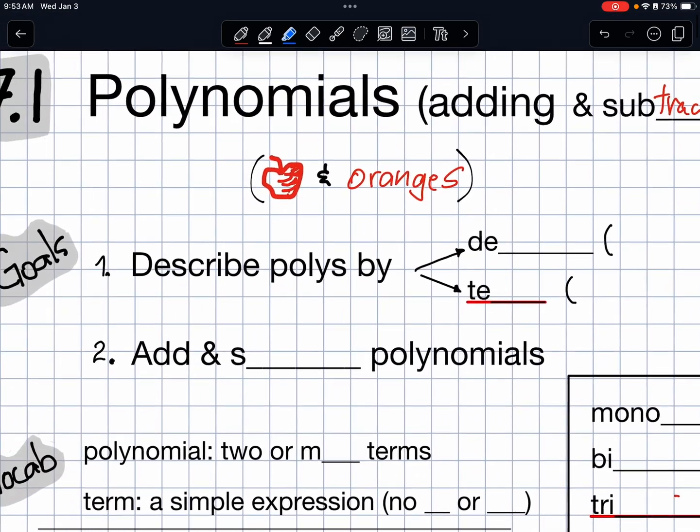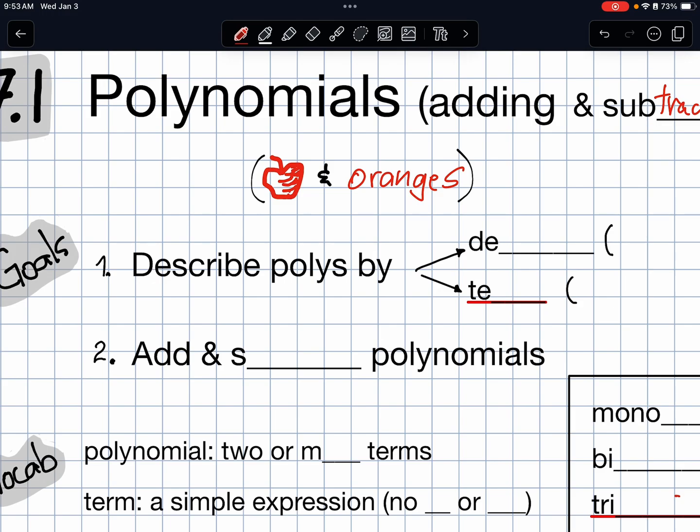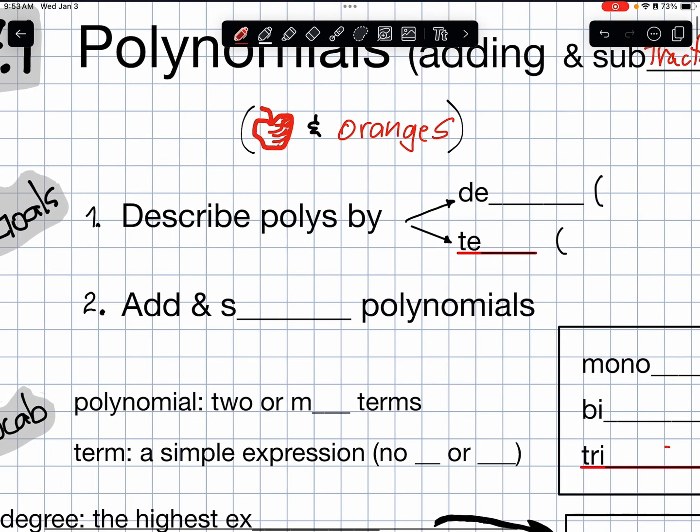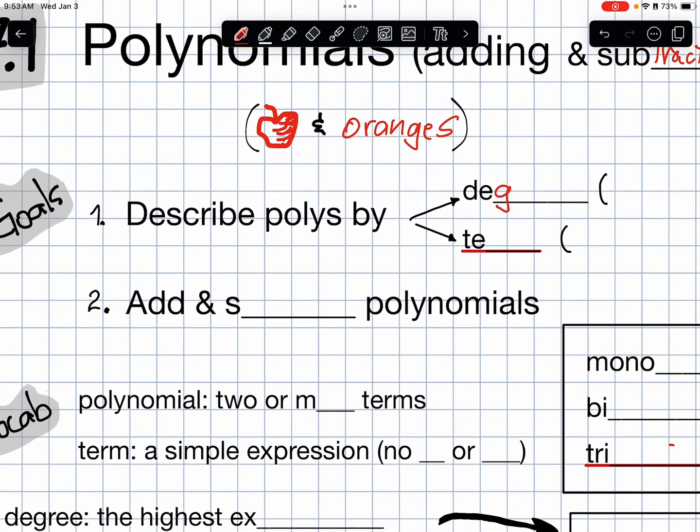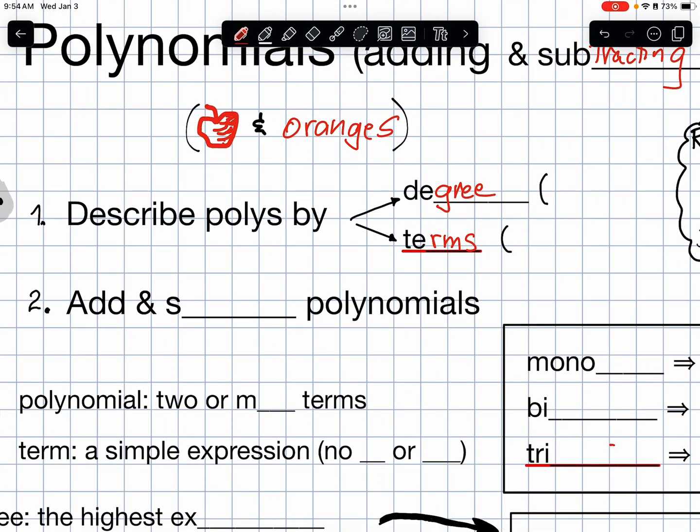Okay, here we go. Some important goals to keep in mind. You are going to describe polynomials by their degree and the number of terms. What does a degree mean? The degree means you're looking at the exponent. In fact, we're looking at the highest exponent in the problem.